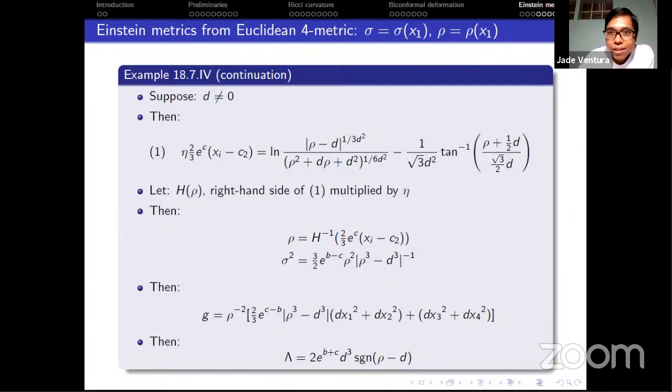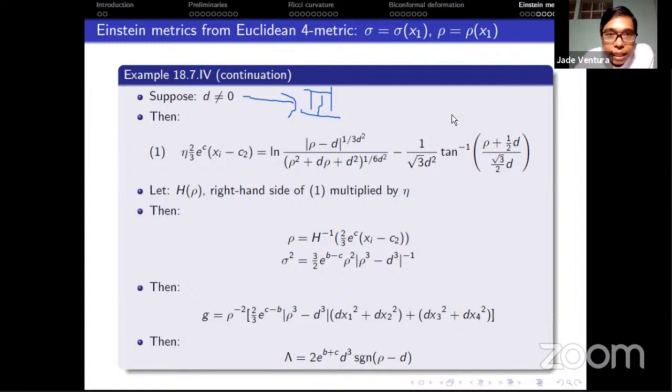Why? Because if we suppose that D equals 0, we get possibility number 3. So we have covered 1A, 1B, 2, and number 3.